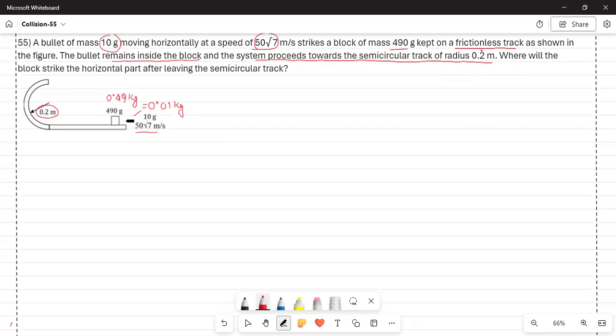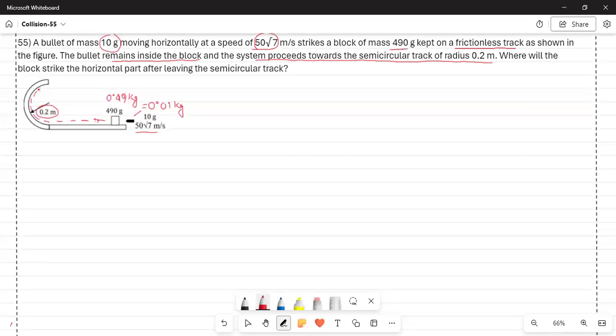Where will the block strike the horizontal part after leaving the semicircular track? Now see, this joint mass will move in this direction. It will come here, then it will start climbing the semicircular track.